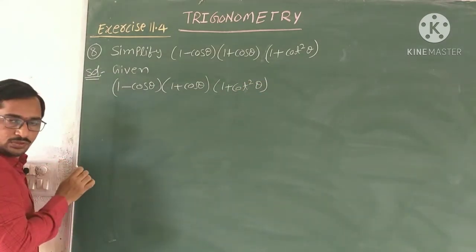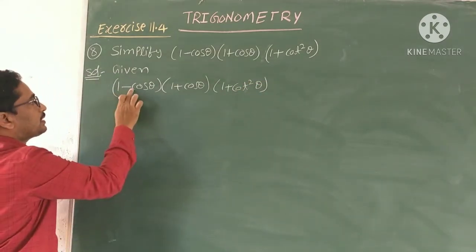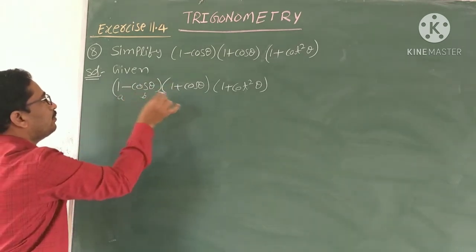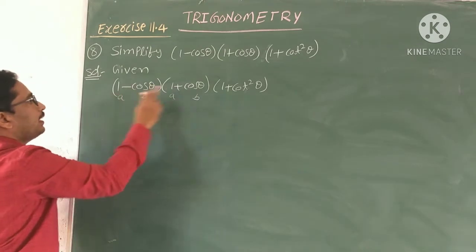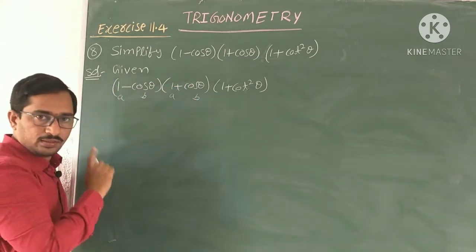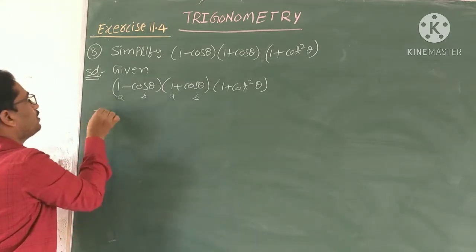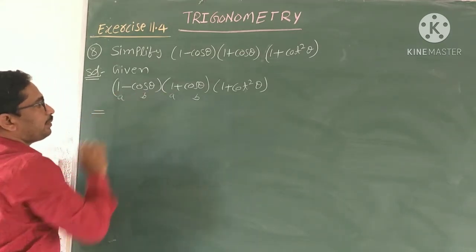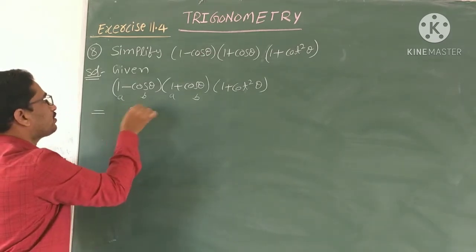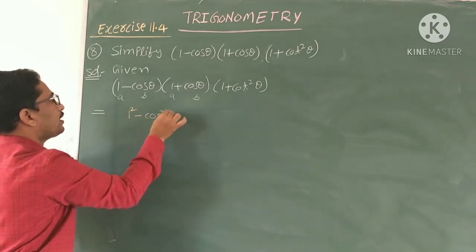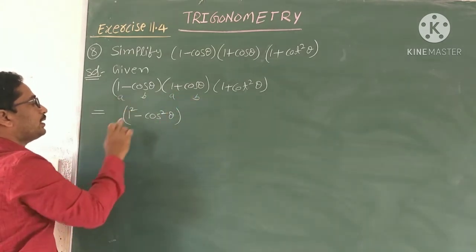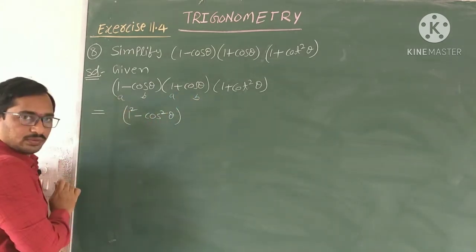Observe the first two terms, (1 minus cos theta) into (1 plus cos theta). It is in the form of (A plus B) into (A minus B), where A value is 1, B value is cos theta. The formula (A plus B) into (A minus B) is A square minus B square. So A square means 1 square, B square means cos square theta.